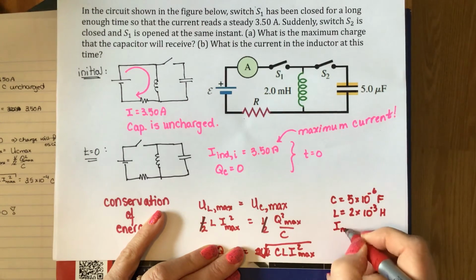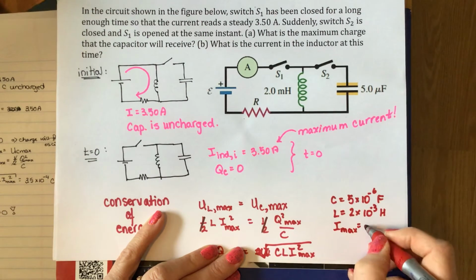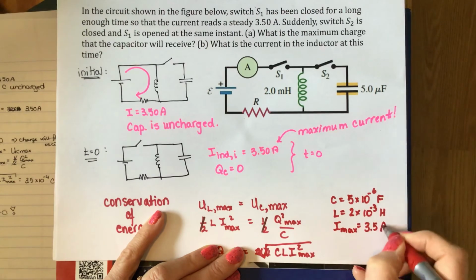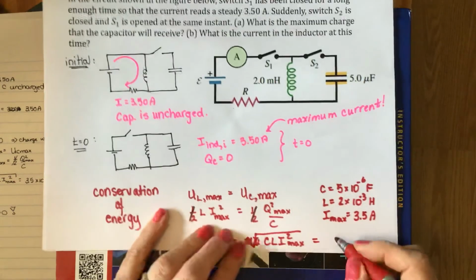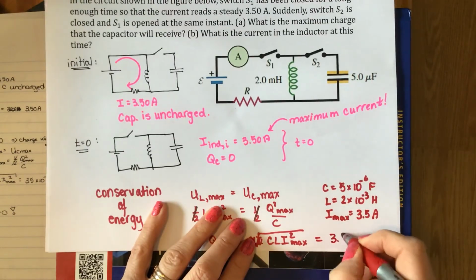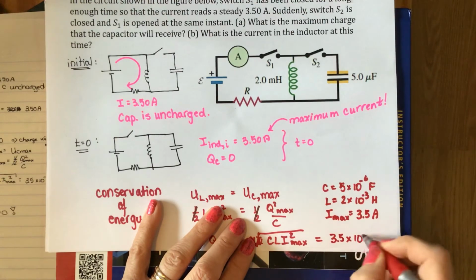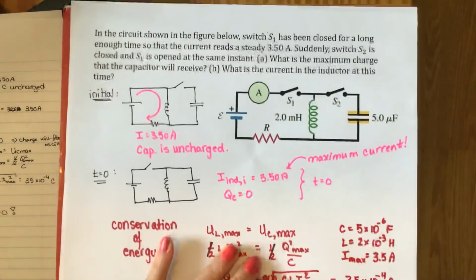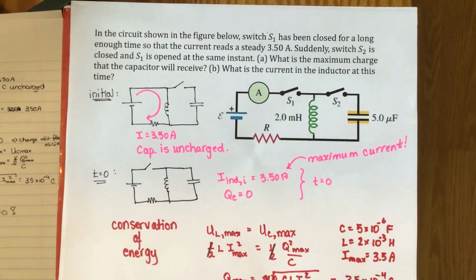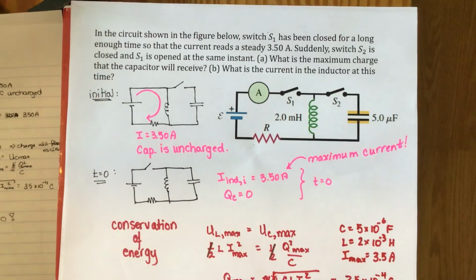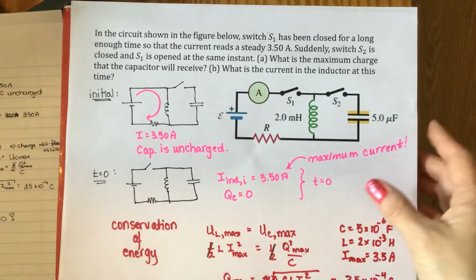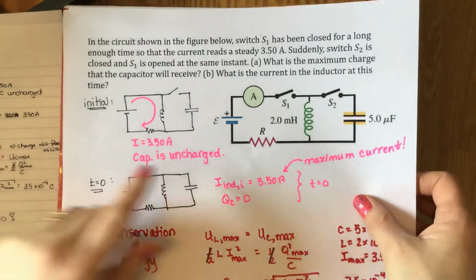And our maximum current is the current we had right at the beginning, 3.5 amps. That gives us a maximum charge of 3.5 times 10 to the minus 4 coulombs. So that's the most amount of charge we can get on that capacitor, and that happens when all of the energy gets transferred into the electric field of the capacitor.